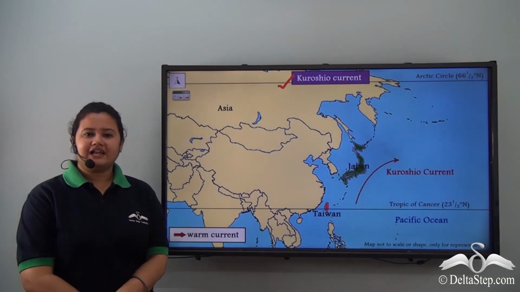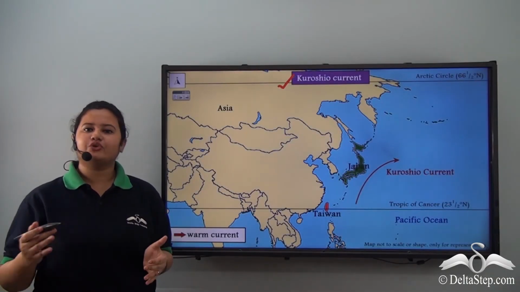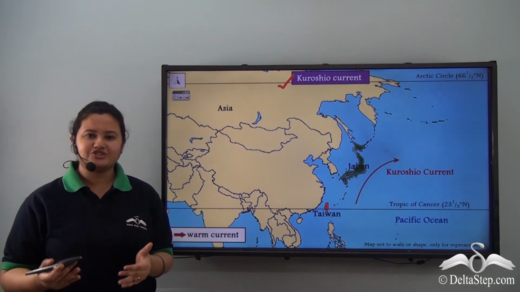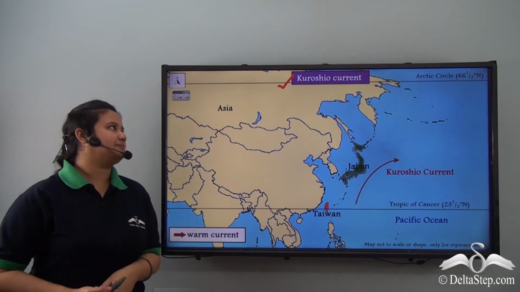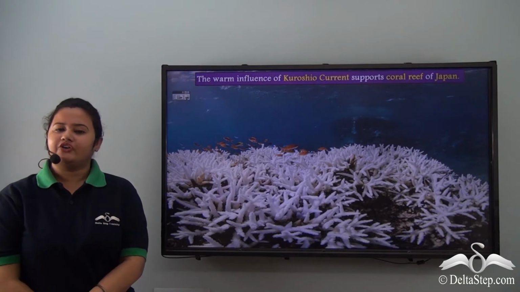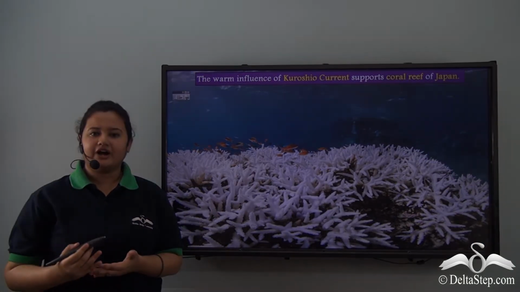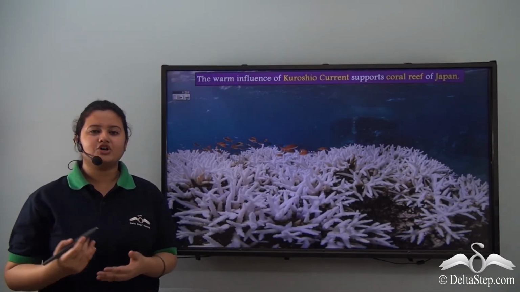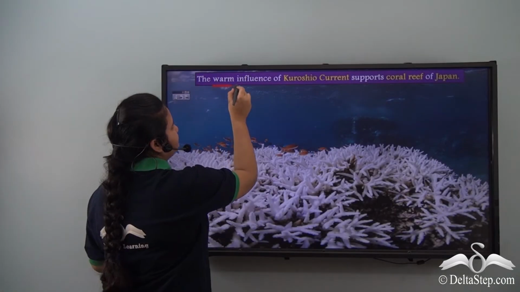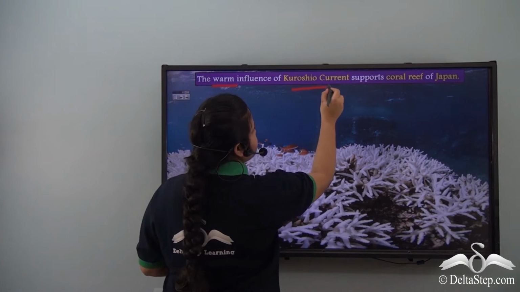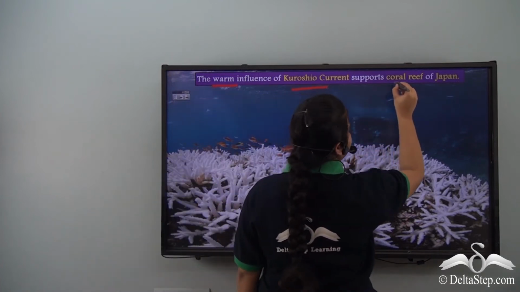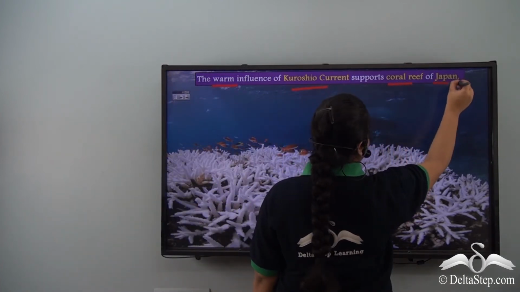Now let me tell you about the influence of the Kuroshio current, or how important it is for Japan. We already know the Kuroshio current is a warm current, so it has a warm influence on Japan. The warm influence of the Kuroshio current supports the coral reefs of Japan.